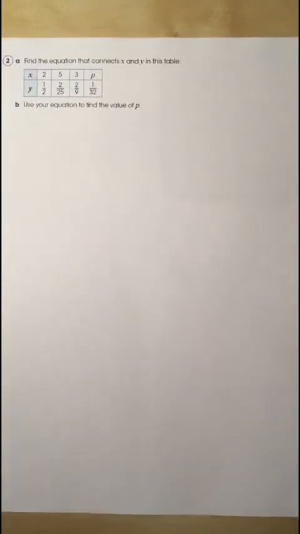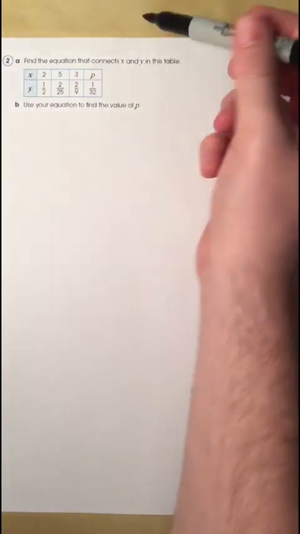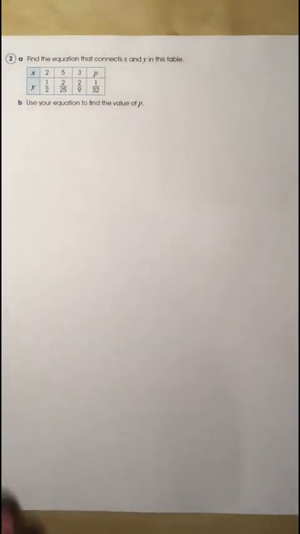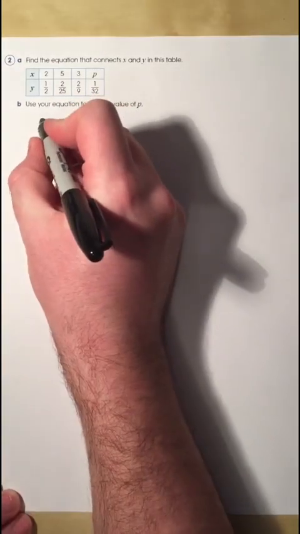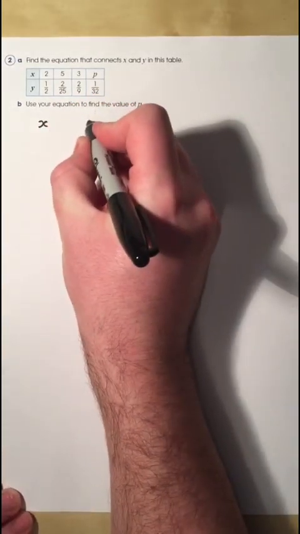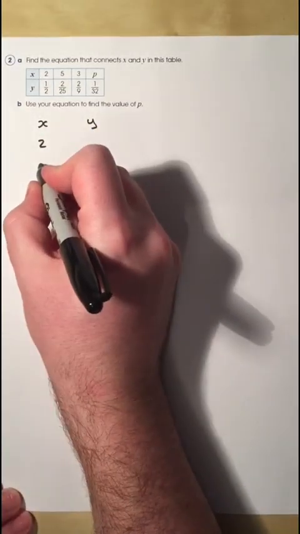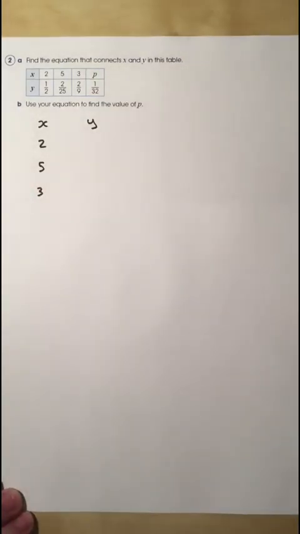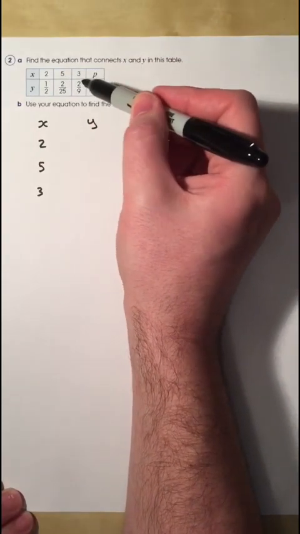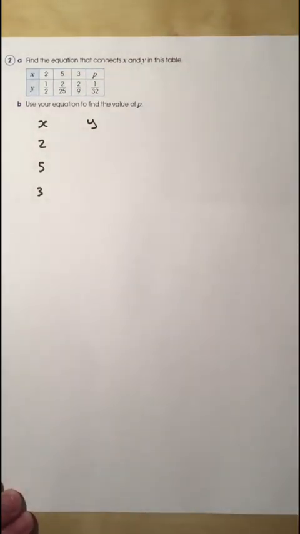For this question, we need to find an equation that connects the value of x and y in this table, as it says. Now to do that, we have to look and see what we've got. So we've got values of x and we have values of y. The value of x is 2, the value of x is 5 and 3. This is made a little bit difficult because they haven't made them all the same numerator.